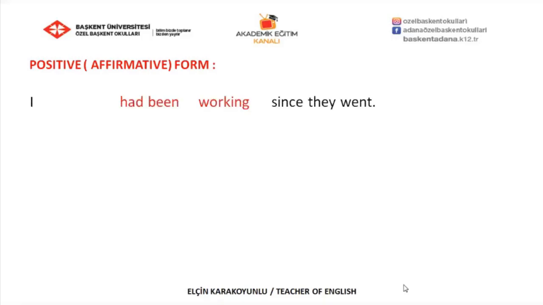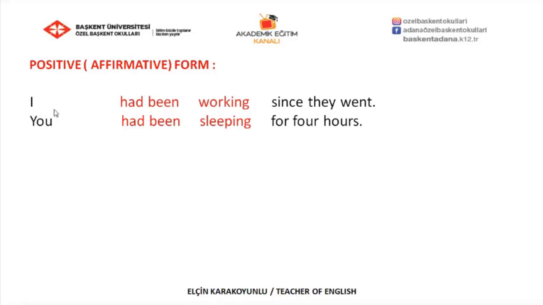In positive form, first we use the subject at the beginning of the sentence, and then after the subject we use had been, had and been, and the ing form of the verb. So, I had been working since they went. The second subject is you.